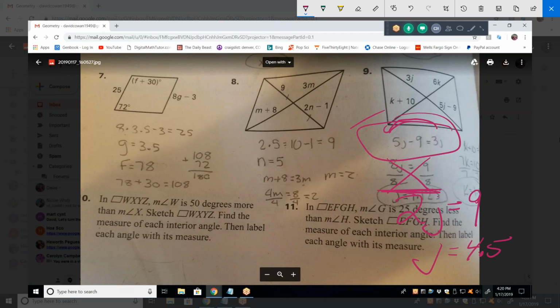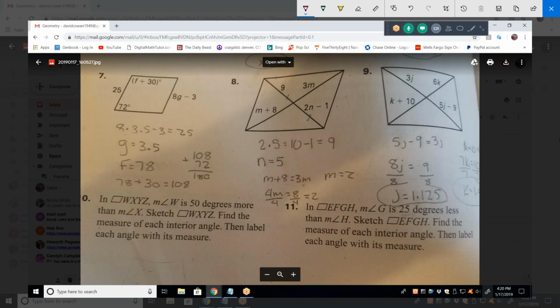So that's because you moved the 3j to the left, but you added 3j to both sides instead of subtract. Remember, you always got to do the opposite. If there's 3j over there and I want to get rid of it, I got to subtract 3j. All right. Okay. And then the other equation is going to be what?